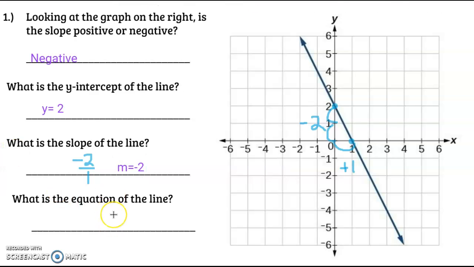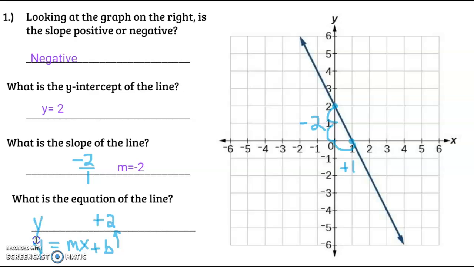Now we're going to look at the equation of the line. Remember, the equation of the line has to be written as y equals mx plus b. So if I know that my y-intercept, or b, was a +2, I can write +2 in place of the b value right there.